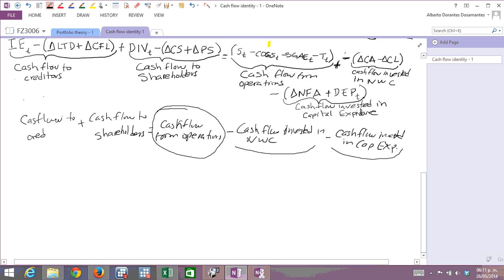The company has to make so much cash flow from operations to pay all the different cash flows to keep alive, in the short term and in the long term, and also to comply with the debt to the banks or creditors. And at the end of the day, the shareholders are going to receive what is left. Okay, then I'm going to stop here.